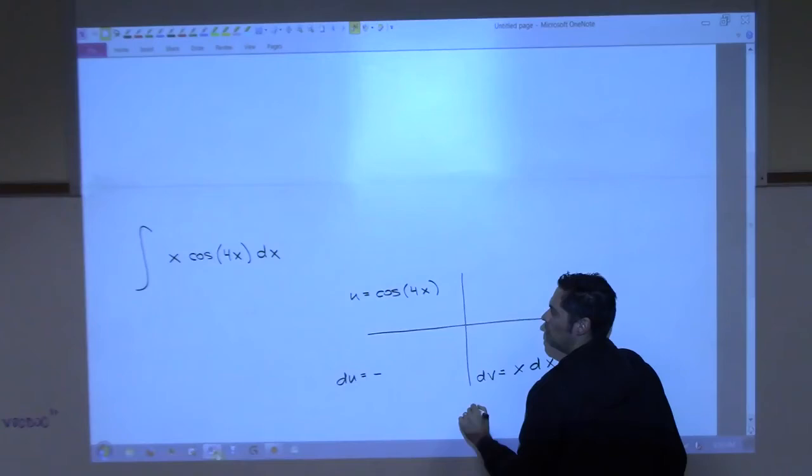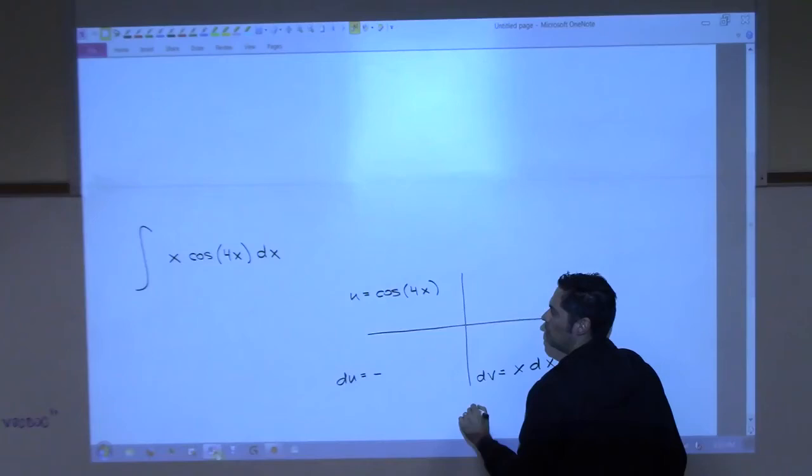It's just a way of remembering the formula. It's ultraviolet minus, and now you have to remember there's an integral, okay? Ultraviolet minus voodoo, V-D-U. And why is it that? I don't know. Someone told me that a long time ago, and it just sticks. Ultraviolet minus voodoo is one of those things that just sticks.